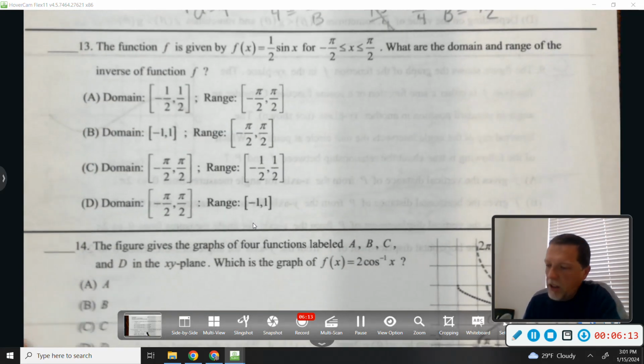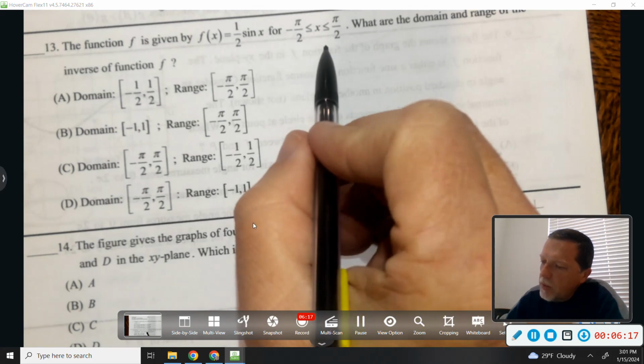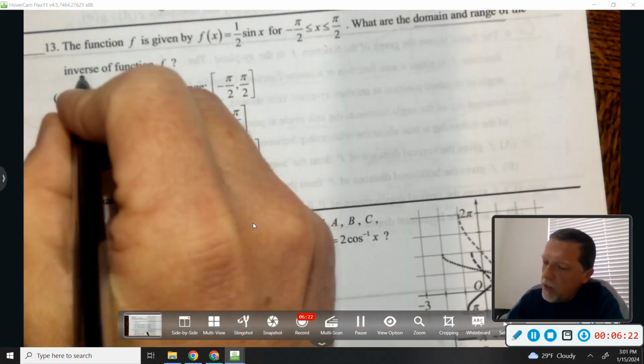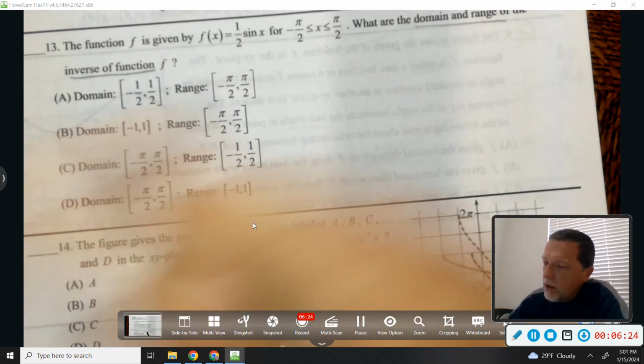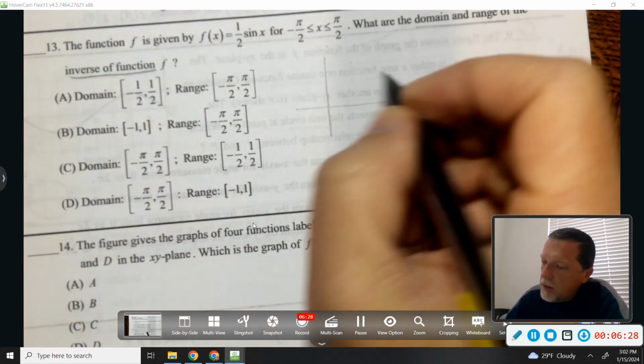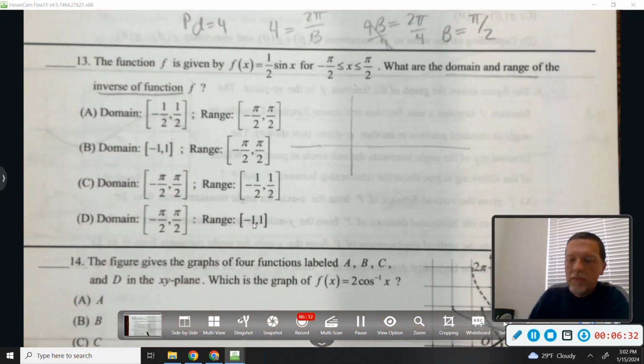Number 13. Function is given by this thing between negative pi over 2 and pi over 2. Domain and range of the inverse function. Oh, the inverse function. Okay. So negative pi over 2 to pi over 2. I'm first just going to graph this, and then I'll worry about the inverse.